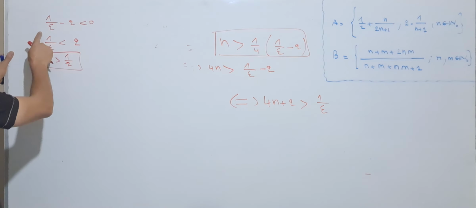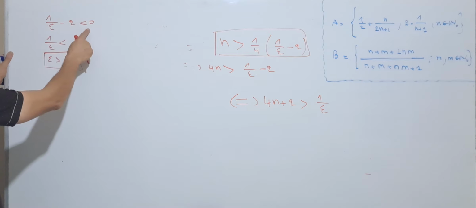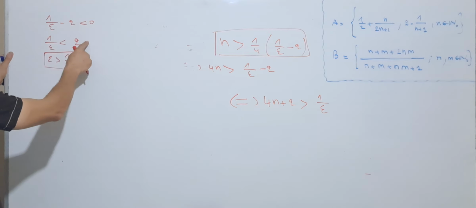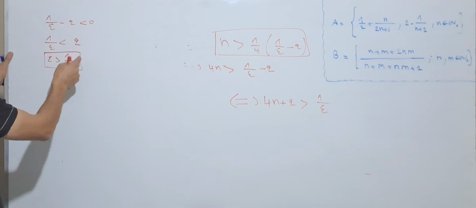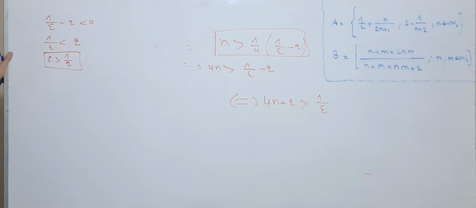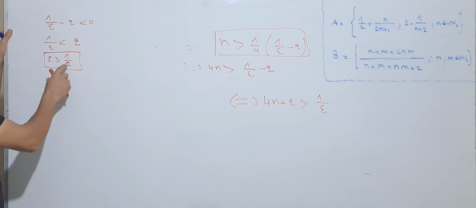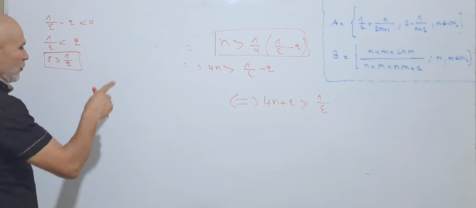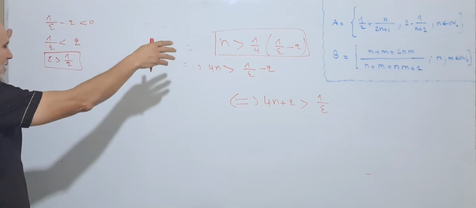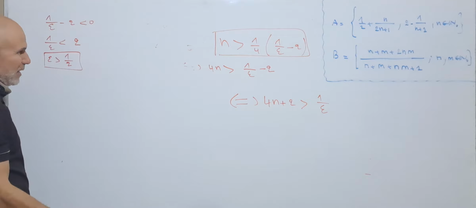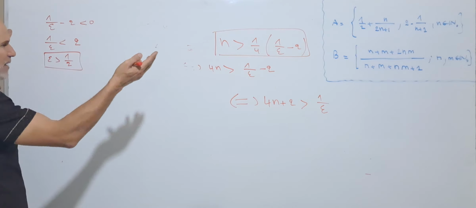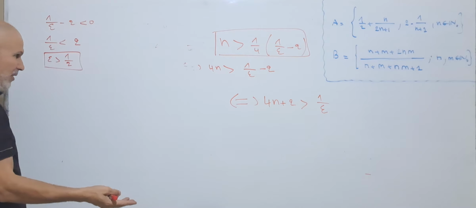Yeah, 1 over epsilon minus 2 less than 0, 1 over epsilon less than 2, so epsilon greater than 1/2. If epsilon is greater than 1/2, this is negative, and any natural number starting from 1 verifies this inequality. So this case is trivial.